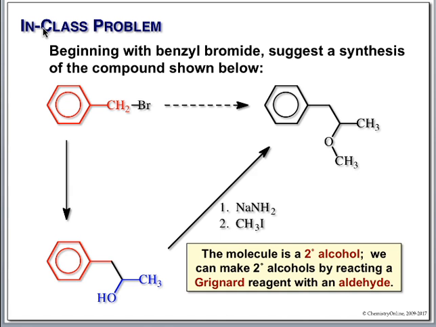The blue part is our aldehyde. Again, this was a carbonyl, there's a hydrogen and a methyl. This is simply acetaldehyde.